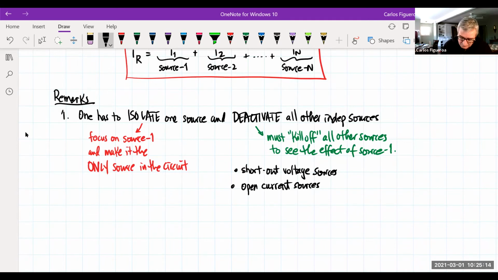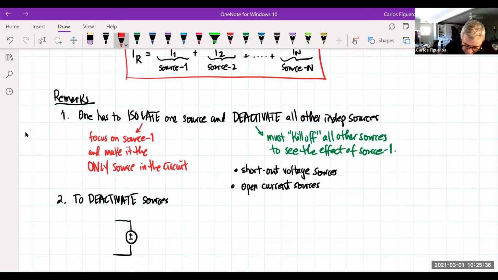So, okay, how do we do that? Well, to deactivate sources, we take a voltage source and then we replace it with a short.